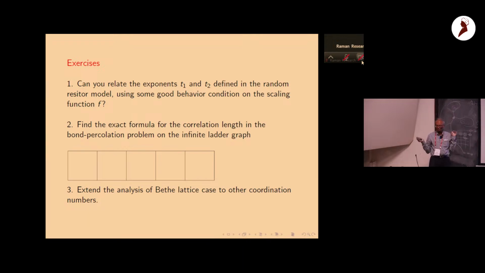Each bond is independently present with probability p. So can you find the exact correlation lengths? We did the one line problem. This is the 2-line problem. This one we will do later because we haven't finished the Bethe lattice calculation. So I will stop here.